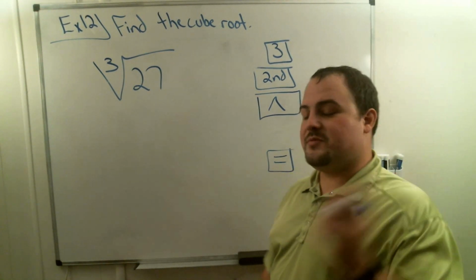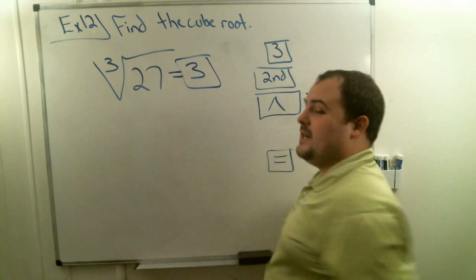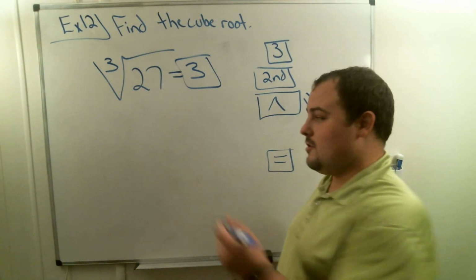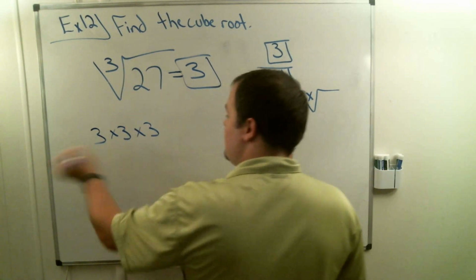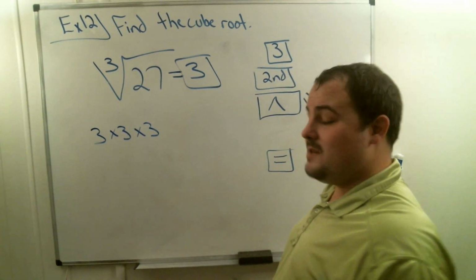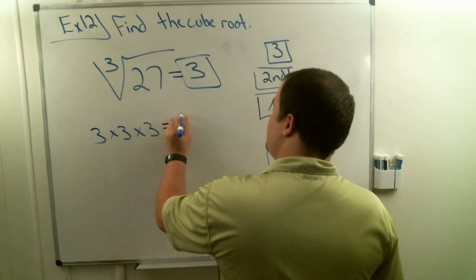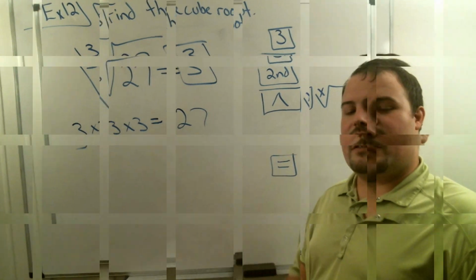Since I know my perfect cubes, I know that the cube root of 27 is 3, and that's my answer. Hopefully, this is making sense to you. If you want to check yourself, you could always type in your calculator 3 times 3 times 3. Again, notice it's 3 of the exact same numbers that multiply together. 3 times 3 is 9. 9 times 3 is 27. So 3 is the cube root of 27.